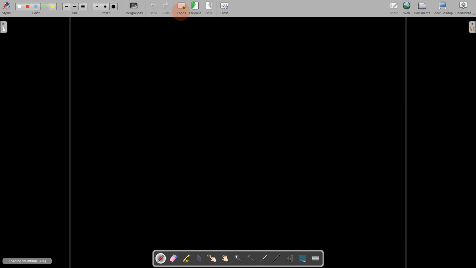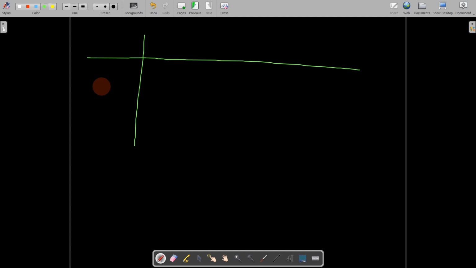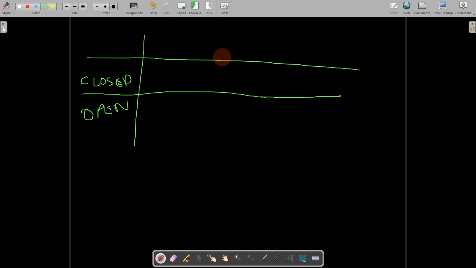So this can be represented using a state transition table. State transition table means there are two possible states for the door to be in. First is closed. These are the states: closed and open. These are the two possible states. And what input can the automatic door controller get?